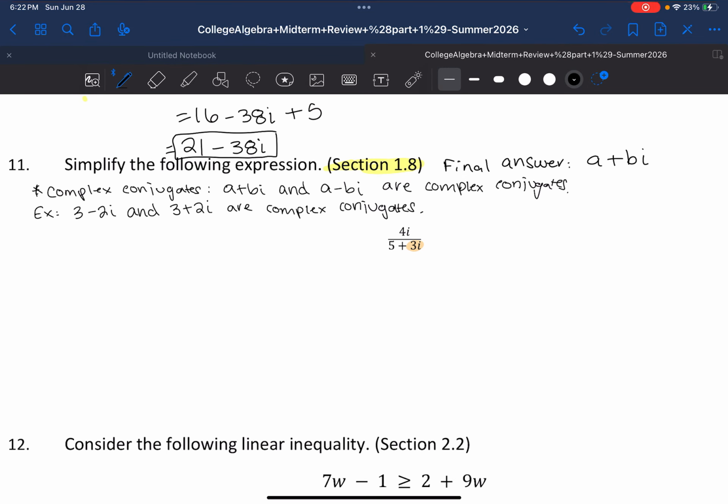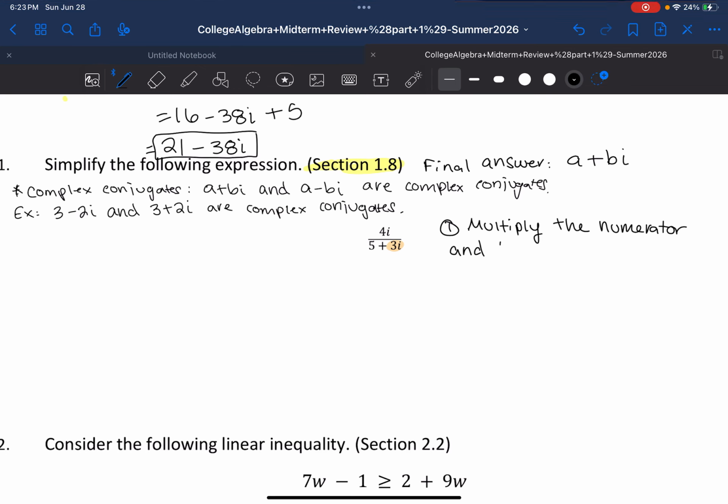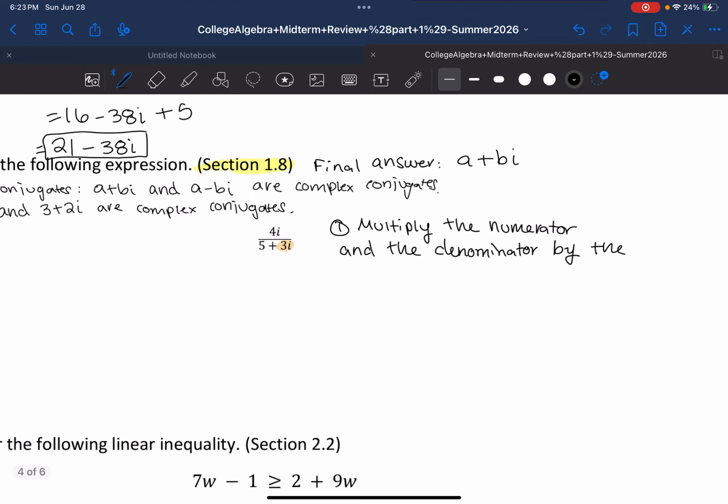Okay, so again, like I said, first step to doing these types of problems is to multiply the numerator and the denominator by the complex conjugate of the denominator.